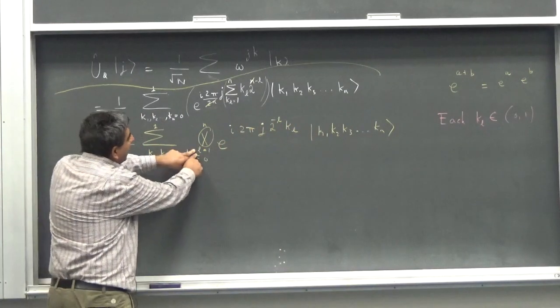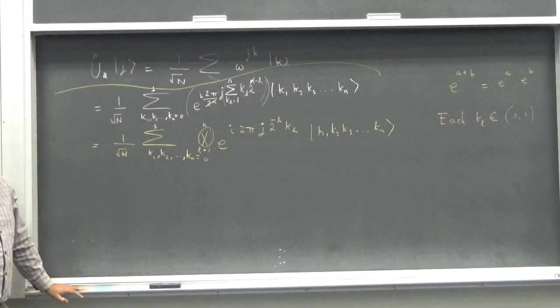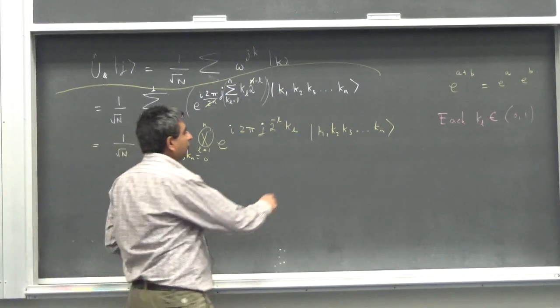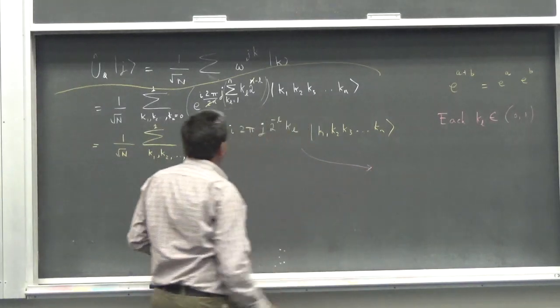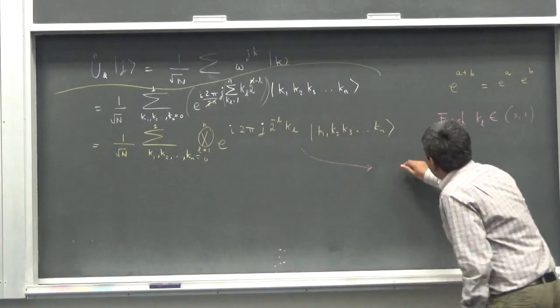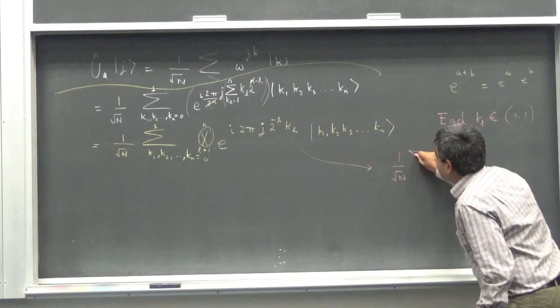I've written this as a product of n terms. Got it? Now, if I were to expand this, so if you just want to make sense of this, this is 1 over under root n. I'm just going to expand this a little bit so that you understand what's going on.